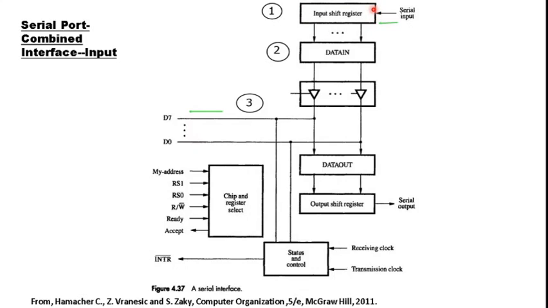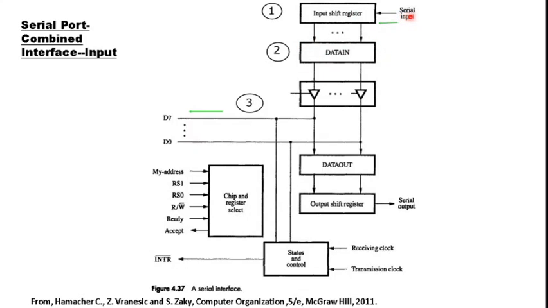As I told you earlier, this interface communicates with the device in serial fashion. Let us assume that this input shift register is of 8 bits. Once this capacity is reached, the contents of this shift register will be transferred to the input data register, or data in.